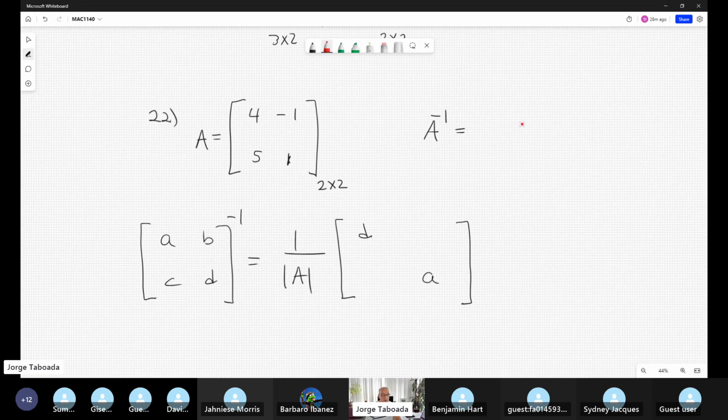Interchange. And B and C stay the same, but with the opposite sign.